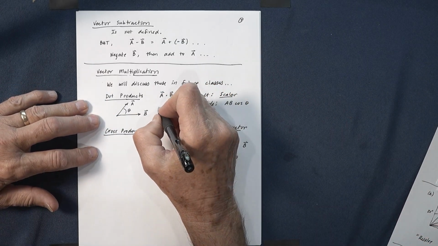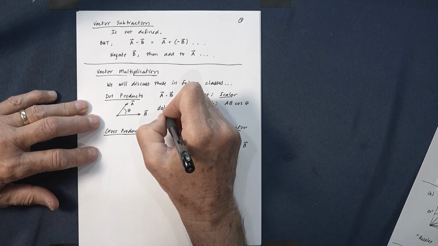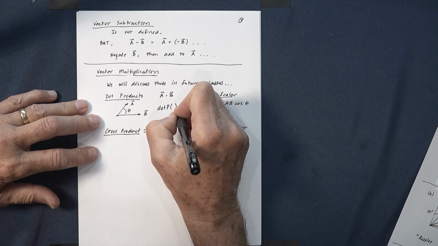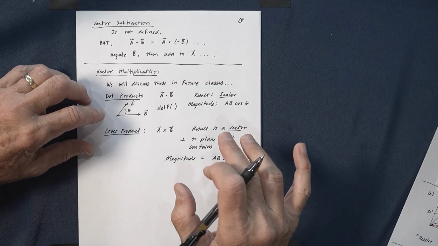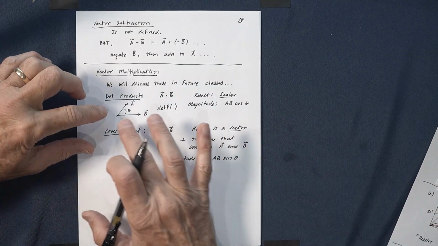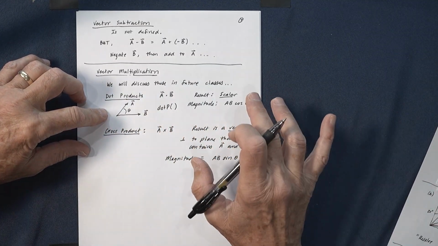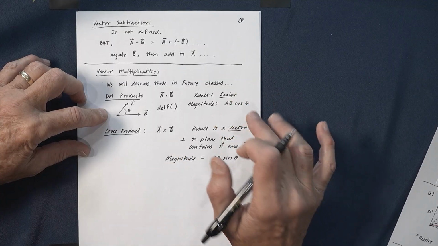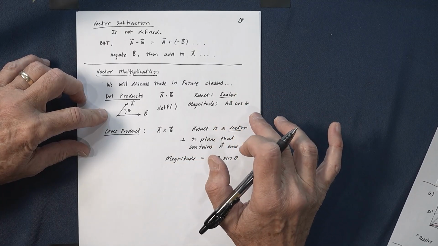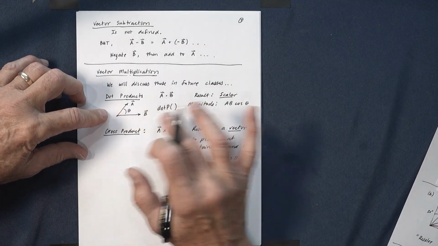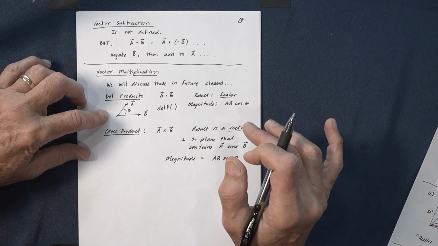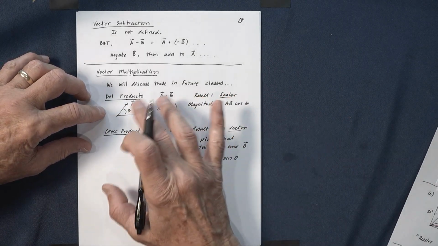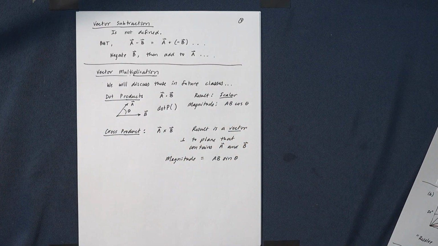On your calculator, dot P is the function. And again, I'll show that to you later. If you dot two vectors to one another, the answer is a scalar, and the magnitude is AB cosine theta, where theta is the angle between A and B. And so that's the magnitude of the dot product. And again, we'll use the dot product in this class.